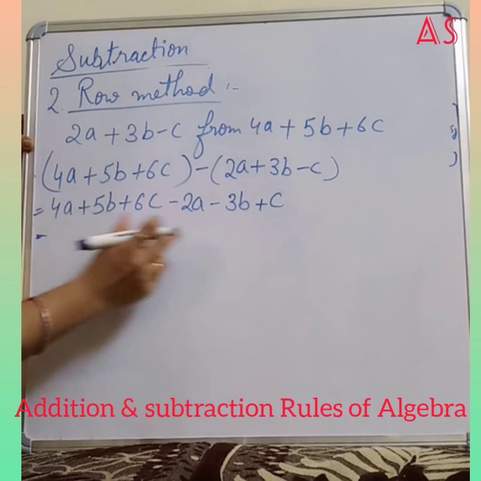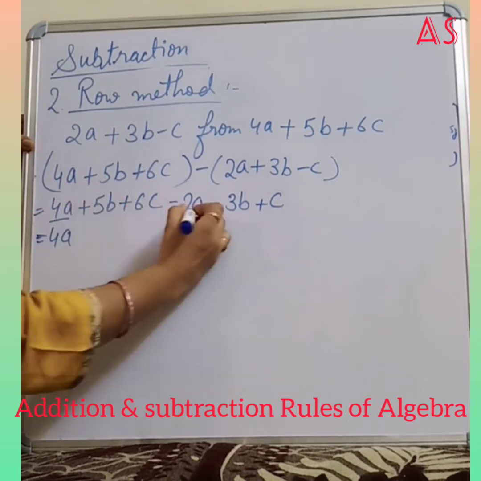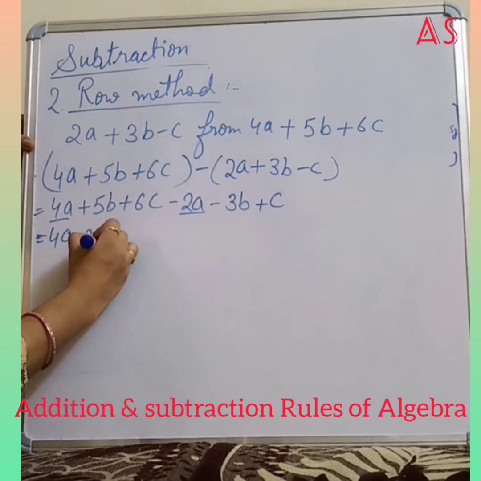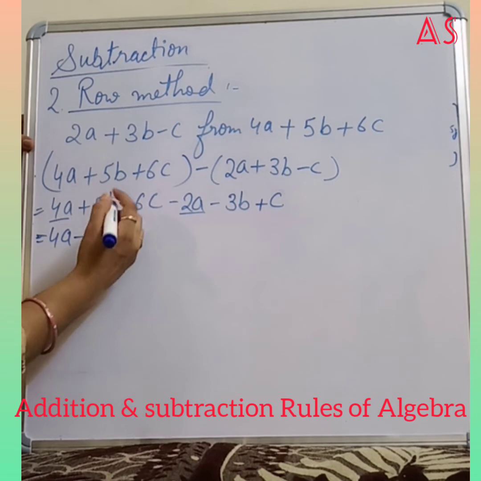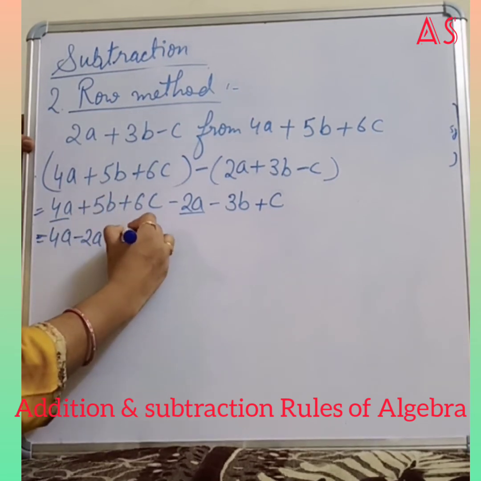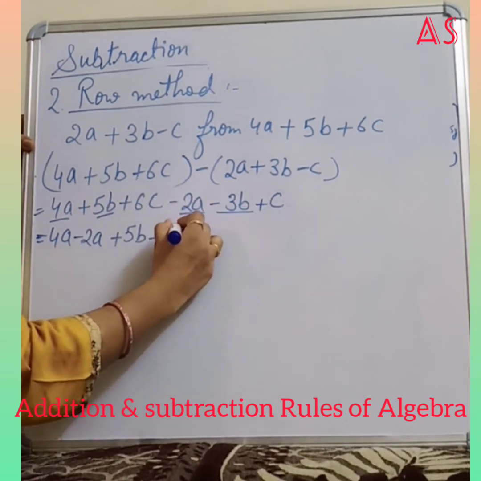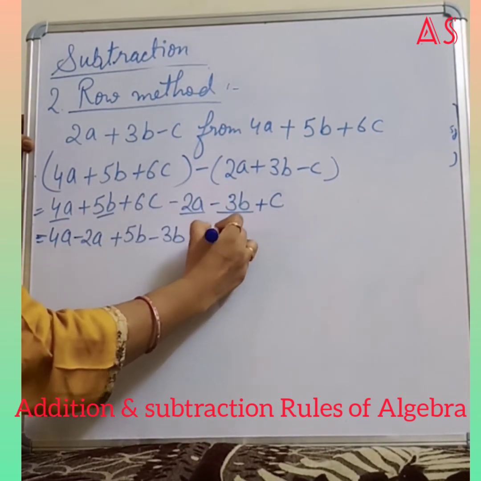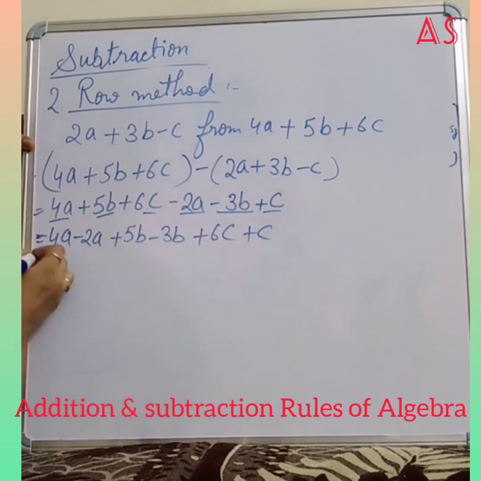Now we write like variables together: 4a with minus 2a, then put an underline or small tick on what you have taken. Now a variables are taken, now 5b and minus 3b, and 6c plus c.